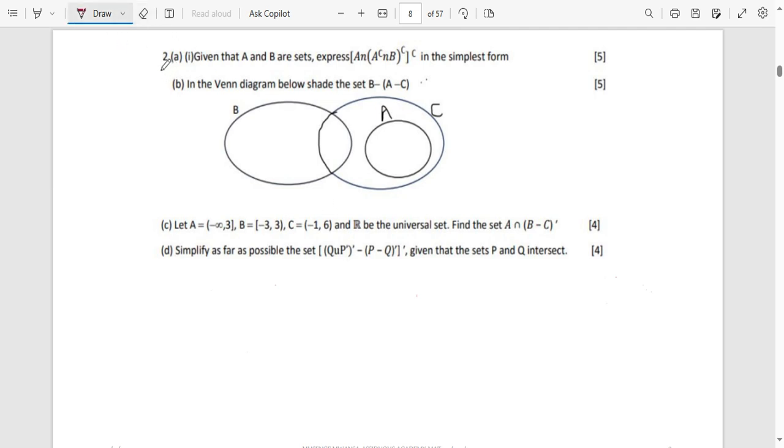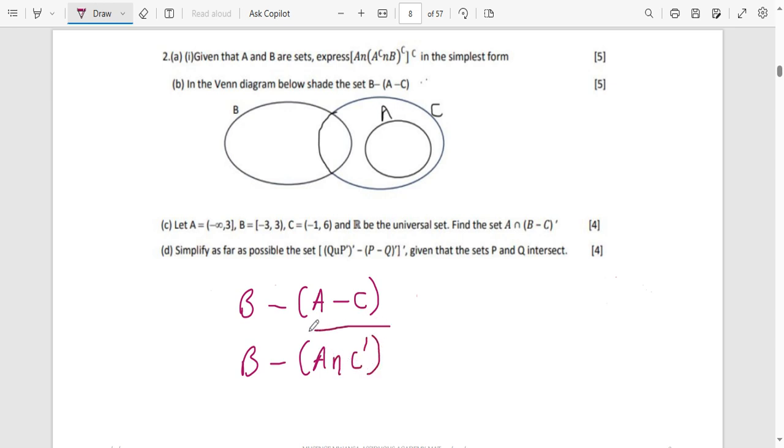In the Venn diagram shown below, shade B minus A minus C. Now we have just said that minus means intersection complement. So let me start with what is inside here. A minus C means A intersection C complement.